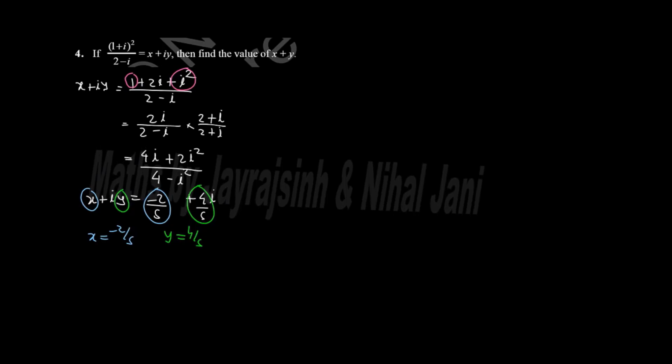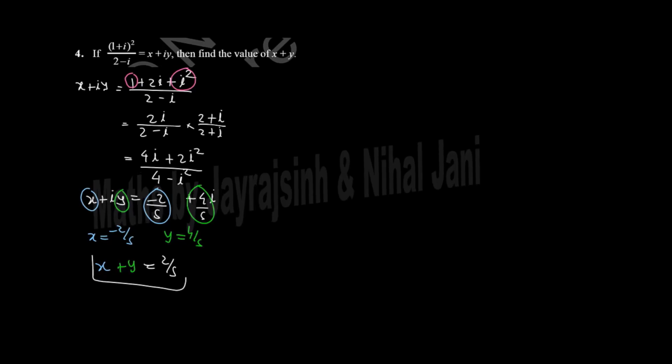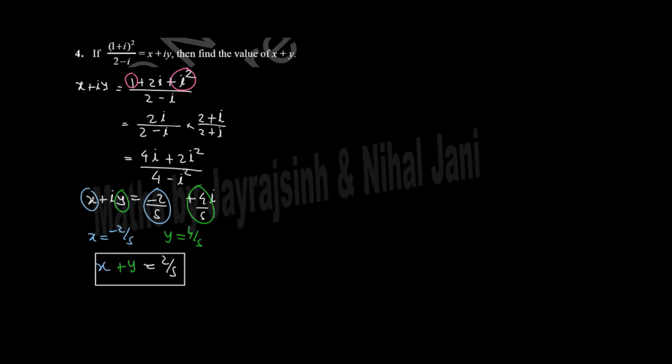By comparing the imaginary part, we get y equals 4 by 5. So x plus y is minus 2 by 5 plus 4 by 5, which is 2 by 5. Ta-da!